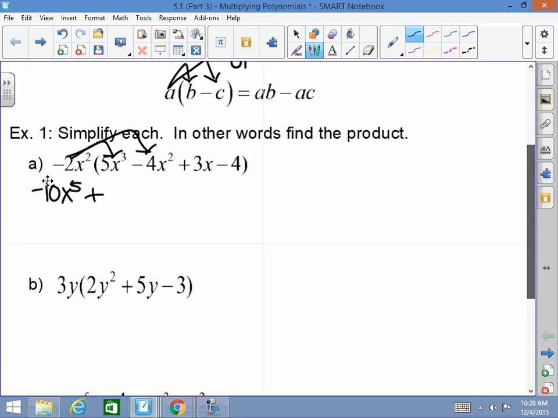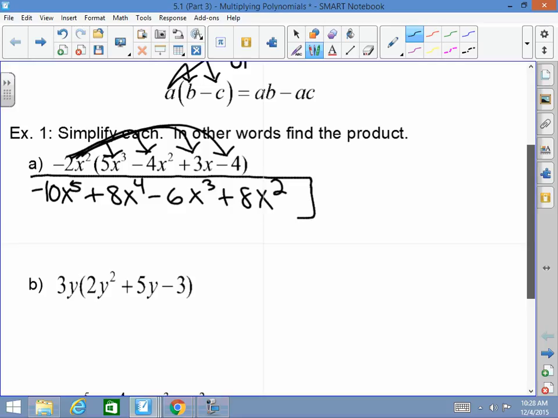So it's 8x to the 4th, minus 6x to the 3rd, and then plus 8x squared. If I can, I add any like terms, which in this particular case I cannot. So literally, I am done.